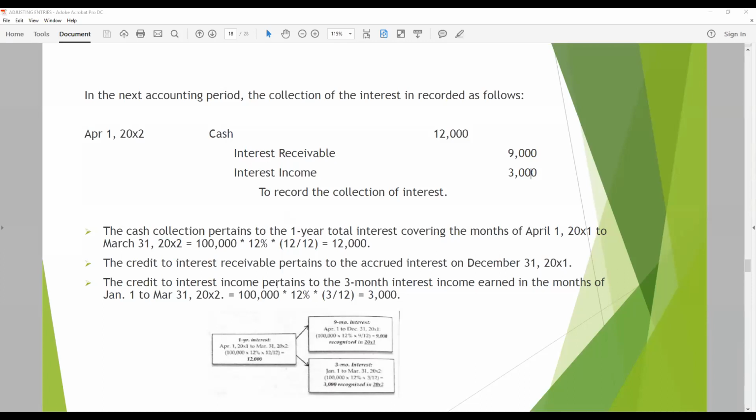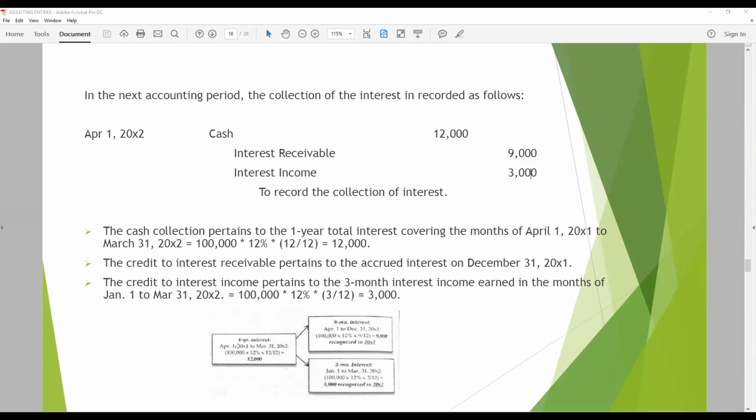And the credit to interest income pertains to the 3-month interest income earned in January, February, and March of 2022. 100,000 times 12% times 3/12, which is 3,000. Why 12 minus 9? The 9 is what you already earned, so you just deduct it.